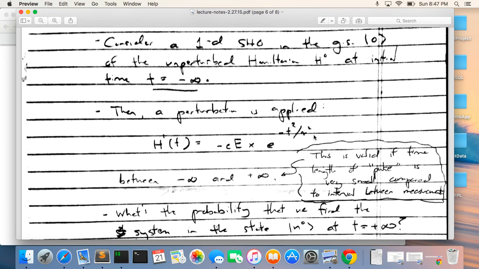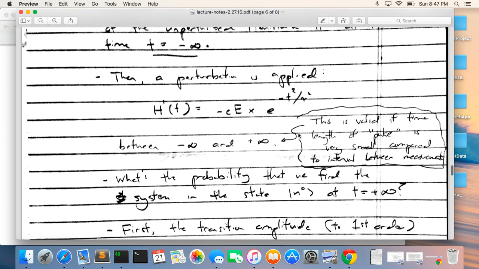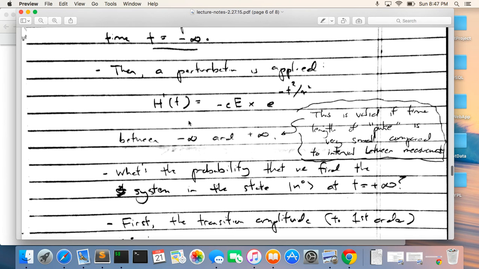Tau here would be like the natural time interval, or the lifetime, I guess you would say, of this perturbation. The important thing is this is what our perturbation looks like, and we want to compute the probability that we end up in some other state, let's call it n, because remember we're starting initially in the ground state.